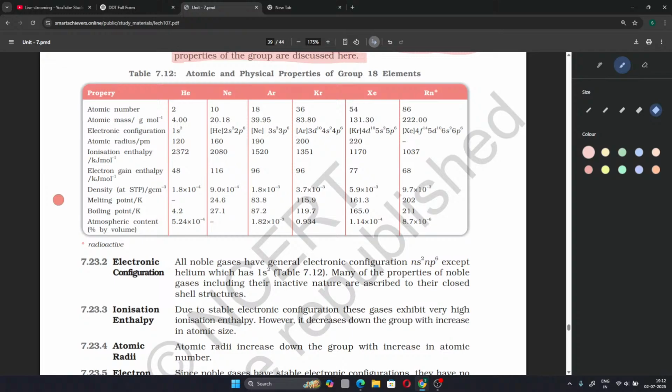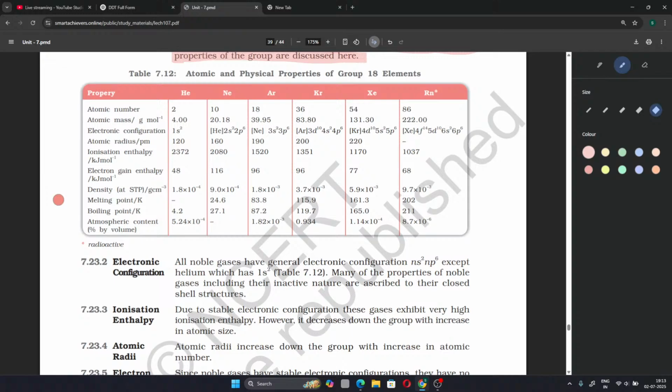But helium is approximately 2400, and all are above 1000: neon has 2000, argon has 1500, krypton has 1400, xenon has 1170, and radon has 1037. This is as expected. It decreases as we go down the group.